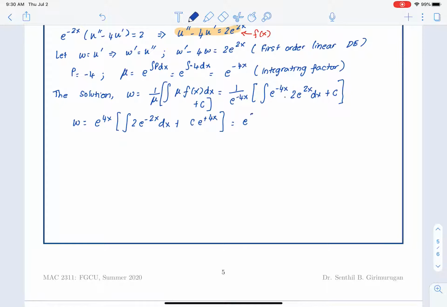If we integrate, we will have e raised 4x times 2 e raised negative 2x over negative 2 plus c times e raised 4x.